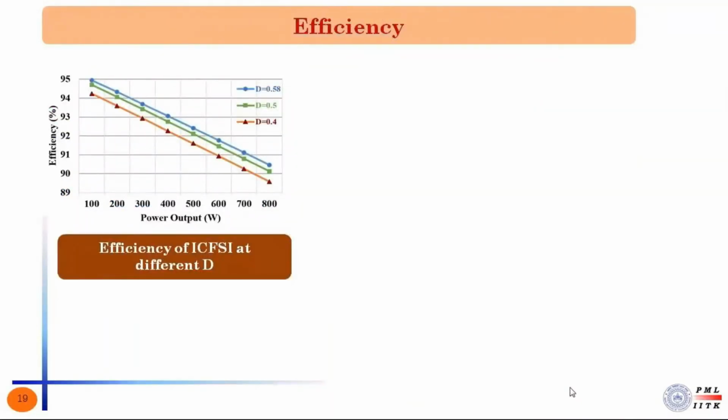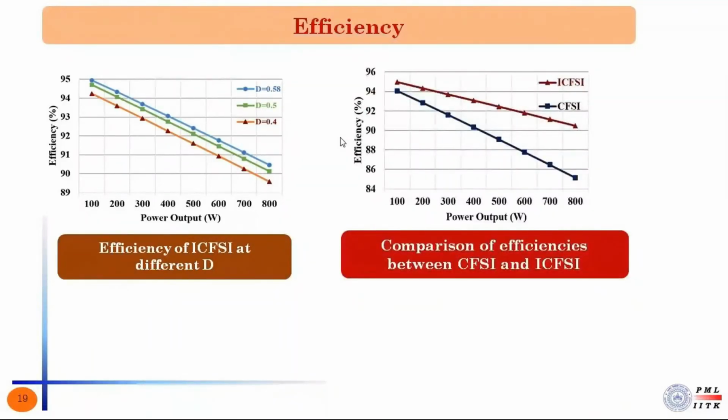This plot here shows the efficiency of interleaved CFSI with respect to power rating at different duty cycles. As we can see, as the duty cycle increases, the efficiency becomes better. Now, this is a comparison of efficiency of CFSI and interleaved CFSI. So we can see that as the power rating goes up, the improvement in efficiency as a result of interleaving increases.